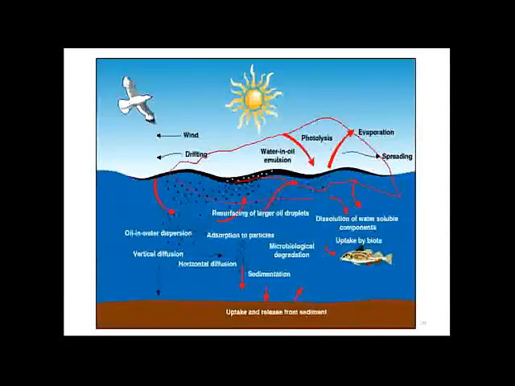But that there are lots of other things that can happen. The first thing I'm going to talk about today is spreading. And the reason I'm going to go back to spreading is because I want you to understand that spreading is different than dispersion, okay? So what is spreading of oil?